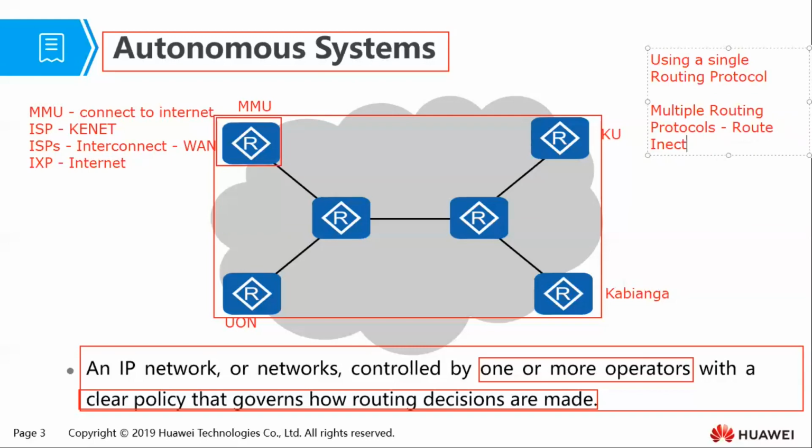So you can learn routes and inject routes from one routing protocol to another routing protocol. So if you do the professional level of this course, this is one of the things you're going to explore: how to inject routes from, for example, a protocol we call OSPF to ISIS. Okay, so let's move on.